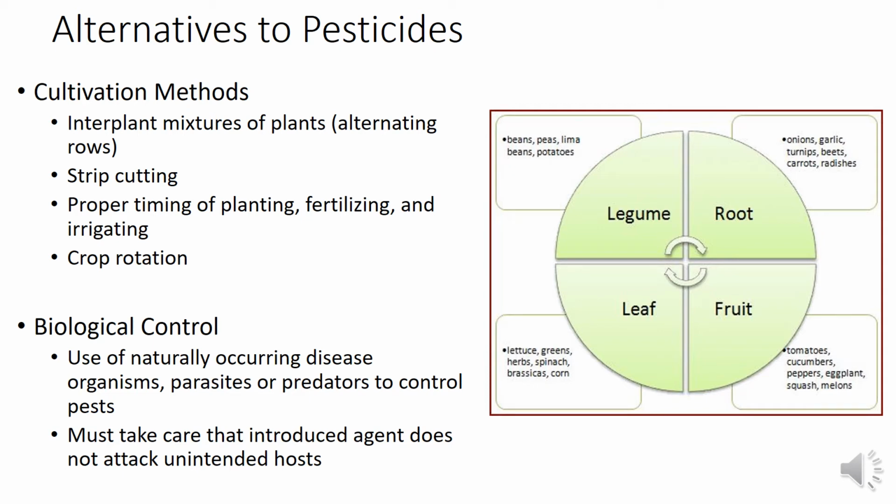Crop rotation is great because let's say, for example, I have tomatoes, which is a fruit. Did you know it was a fruit? Now you do, right? So it's a fruit down in that lower right quadrant there in my picture. And let's say I have aphids and they love tomatoes. And then I harvest my tomatoes and I cut all my foliage down or my crop debris and I leave it there because I'm doing nice sustainable agricultural methods.